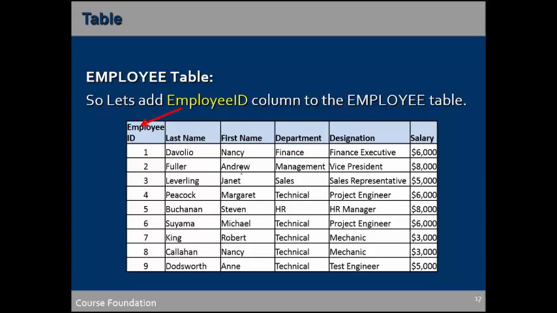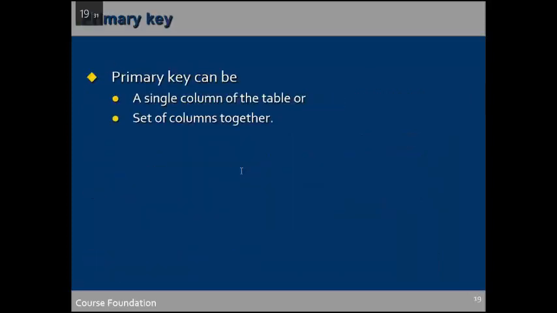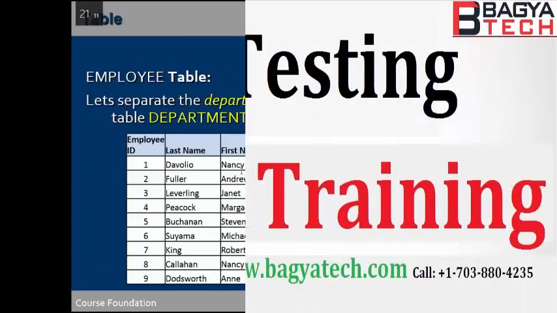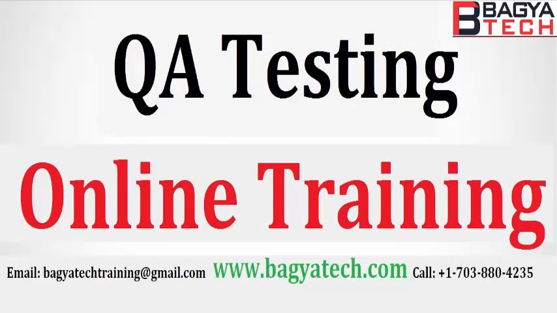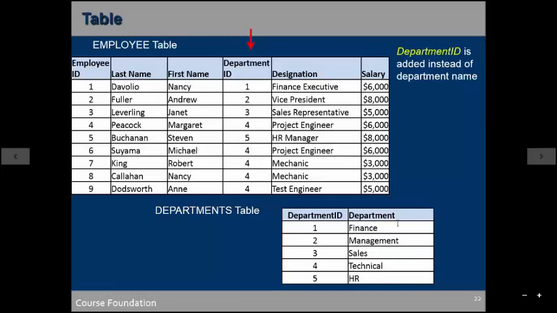So for that, what we have done is, we have created, like I told you, that we would be taking out the department from this table. Okay, so we have created one more table which is known as the departments table. Now over here also there could be two departments which could be the same.